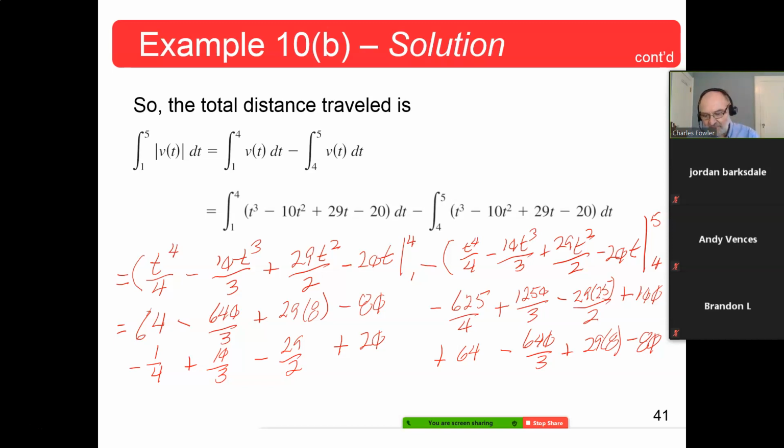Minus 0.25, I can do that in my head, plus 10 over 3 minus 14 and a half, 14.5, plus 20 minus 625 over 4 plus 1250 over 3 minus 29 times 25 divided by 2 plus 100.